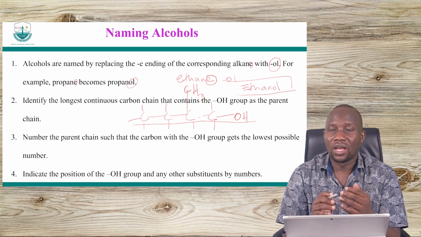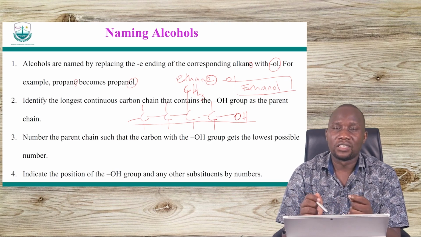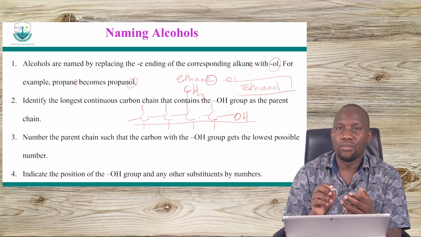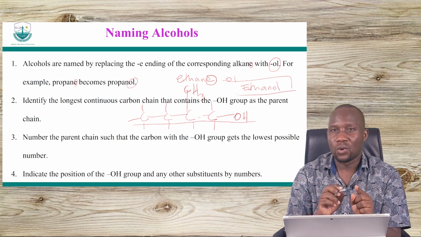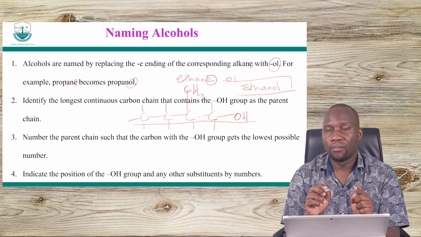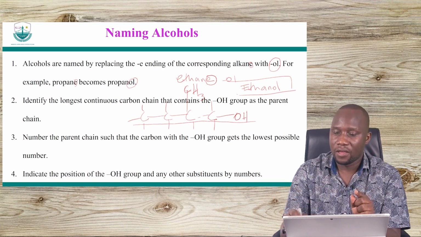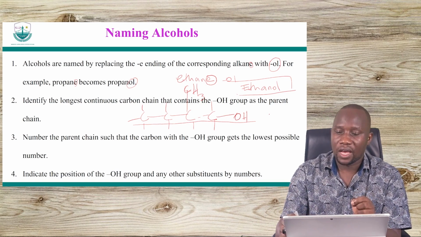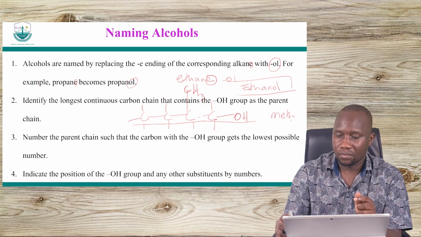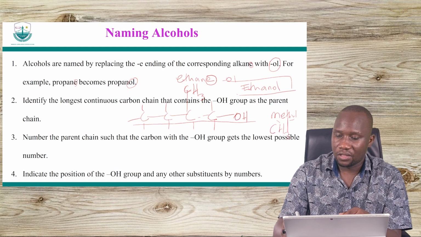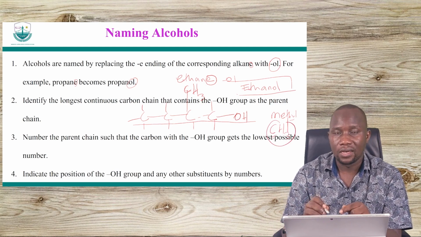That will tell you whether you'll have but, that is 4 carbon atoms in the longer chain, or prop. Remember, if we have 1 carbon atom, we can call that a methyl group, for example CH3, which refers to this 1 carbon atom.